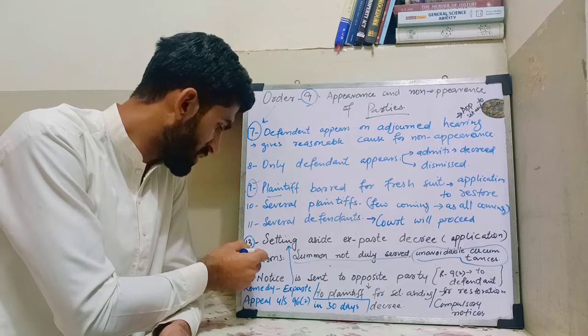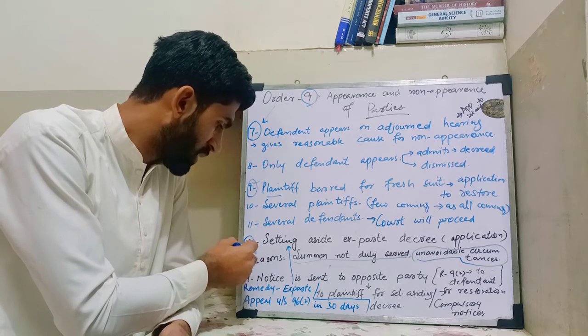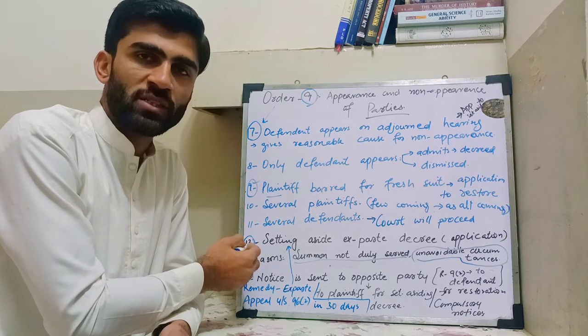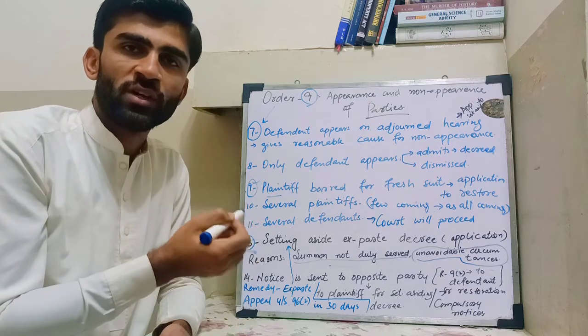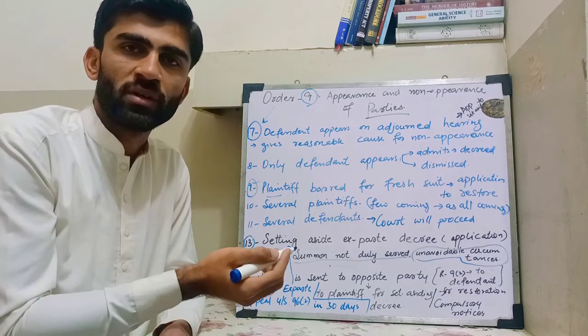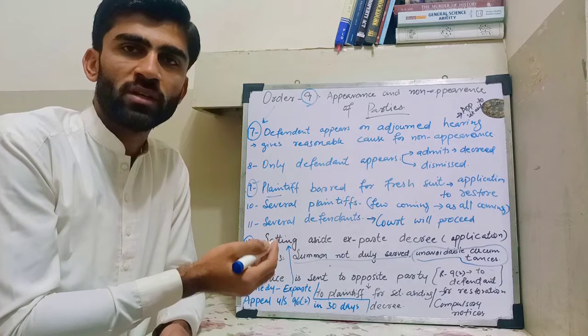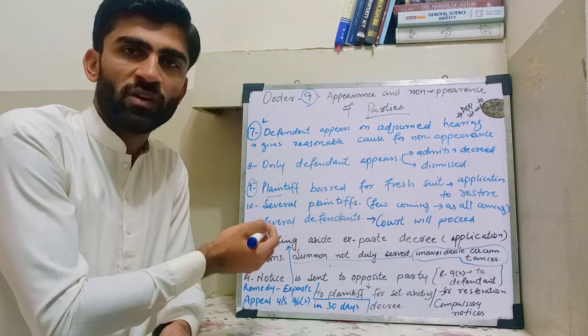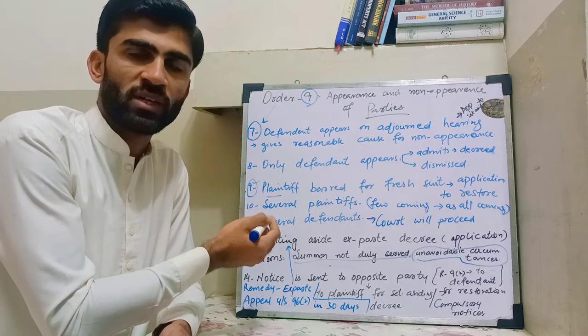But when an application for setting aside the decree is given to the court, the notice is given to the plaintiff. The plaintiff will be informed by notice that there has been an application for setting aside the decree which was passed ex parte against the defendant.